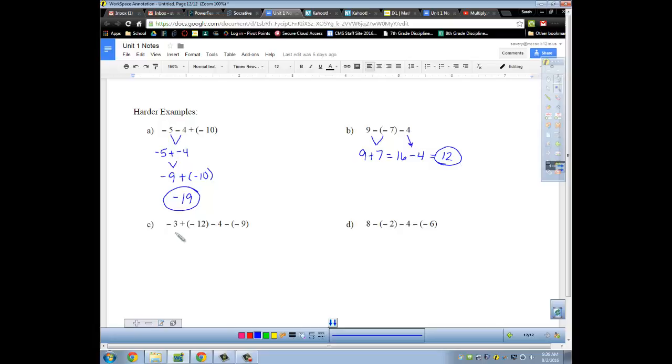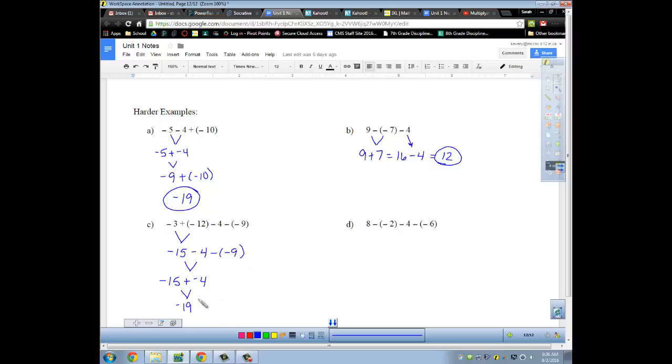Okay, part C, negative 3 plus negative 12, that's already an addition problem. So we're going to do same sign, add and keep. 3 plus 12 is 15, keep the sign. I'm going to bring down my minus 4 and my minus negative 9. Negative 15 minus 4 is going to turn into negative 15 plus negative 4. That's the same sign, so we add and keep to get negative 19.